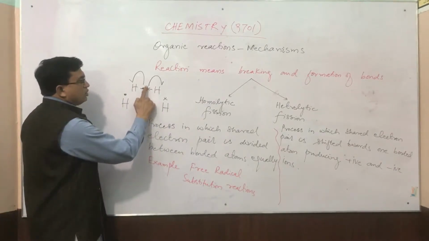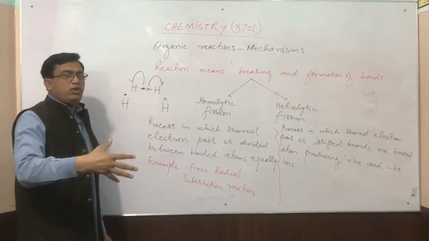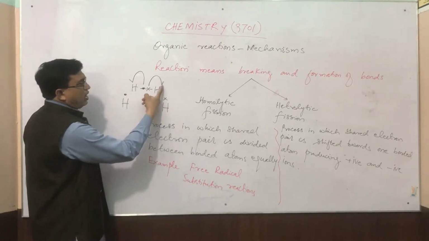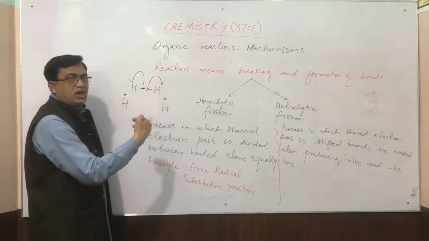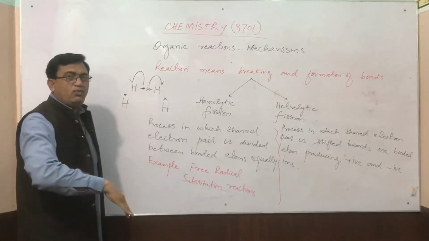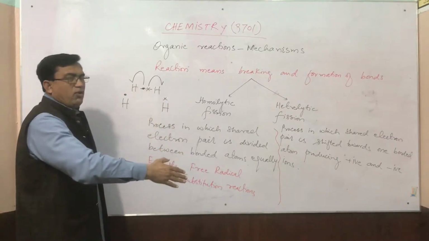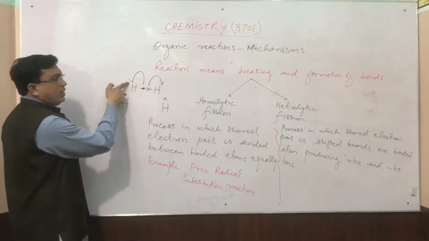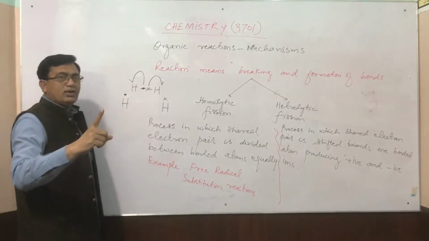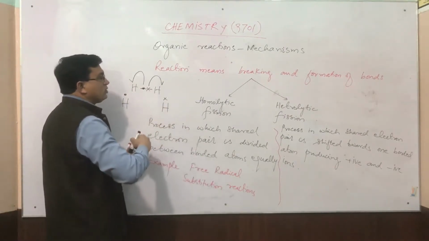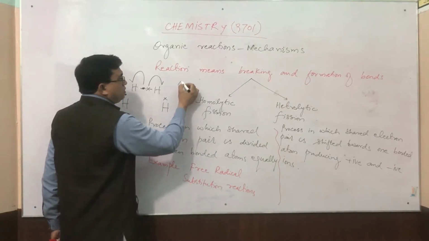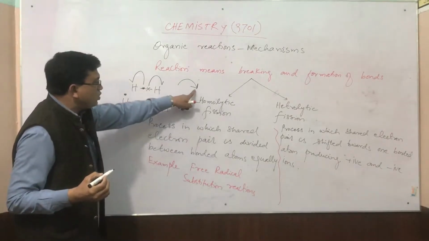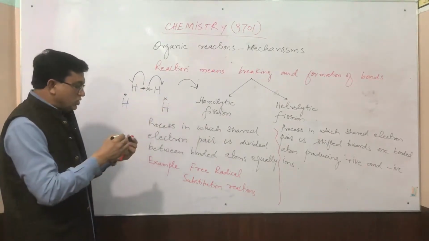Now, curly arrows are used to indicate the shifting of electrons. If one electron is shifted, then we use a half arrow, which indicates that only one electron is moving from this point to this point. Only a one-sided arrow is used for one electron, and if a pair of electrons shifts, then we use a complete arrowhead, which indicates that two electrons are going to shift.